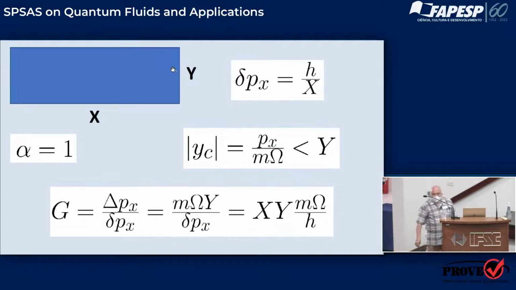But we know that in this case we impose some boundary conditions, and frequently we use periodic boundary conditions. And then we know that the spacing between quantized momenta in the x direction is the Planck constant divided by the length in this direction.